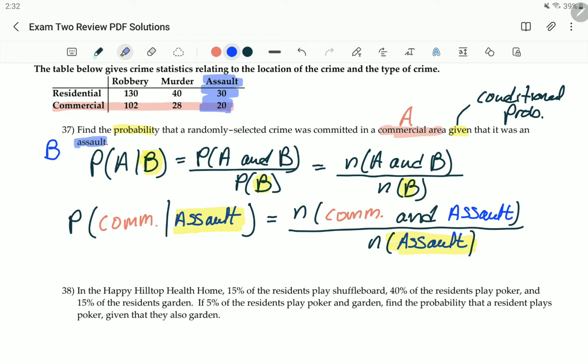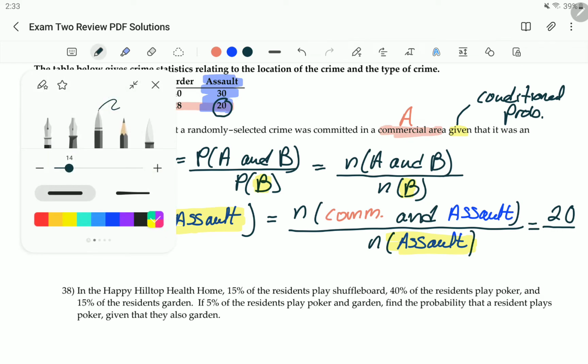At what value do they overlap? If you said at the value of 20, that is correct. So my numerator is going to be 20 divided by the total number of assaults. I want to put that in a different color.